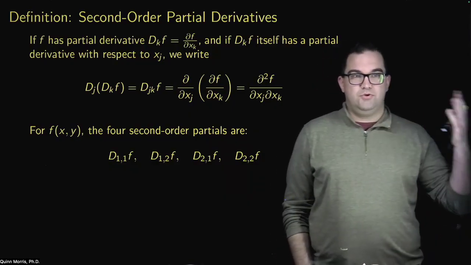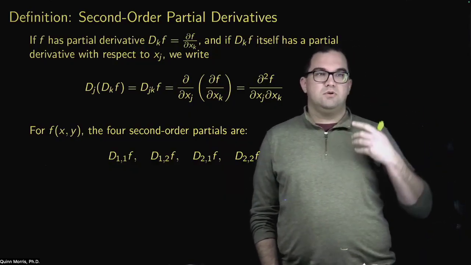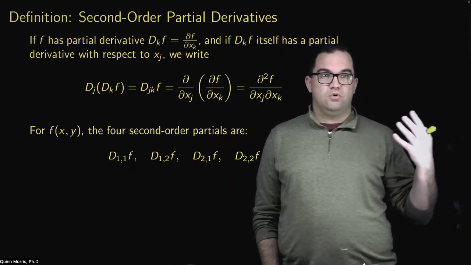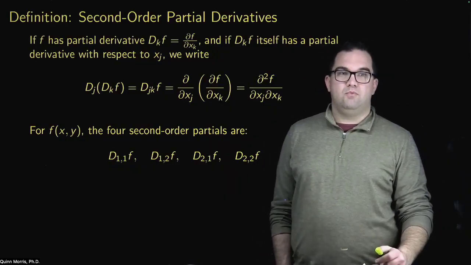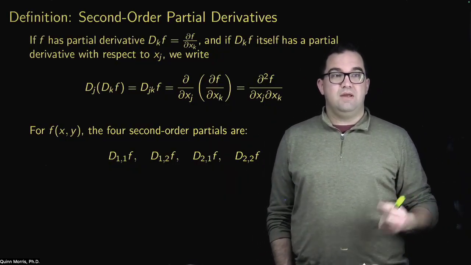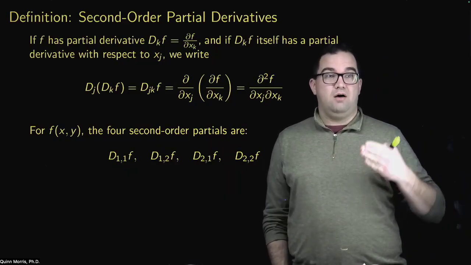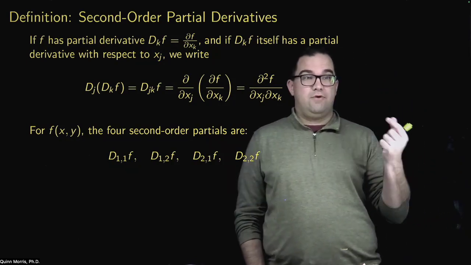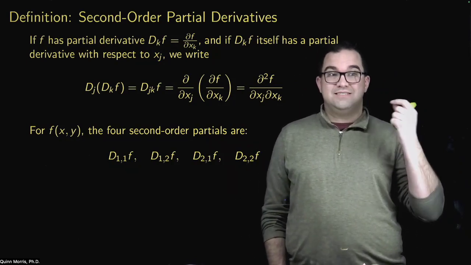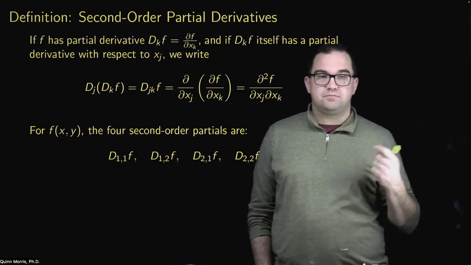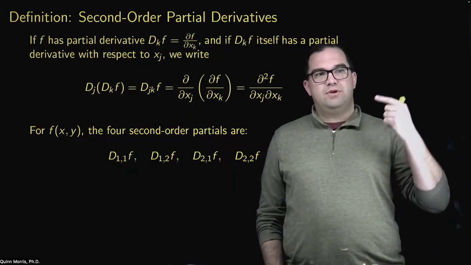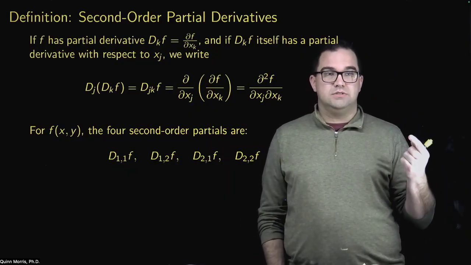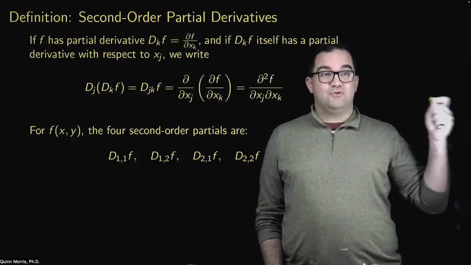So if we think back to calculus or the first course in analysis, we would have defined a second derivative as the derivative of the first derivative. Now, in that case, we only had a single variable, so there was only one second derivative to discuss. However, now that we're dealing with multivariable functions, we have many first derivatives, right?